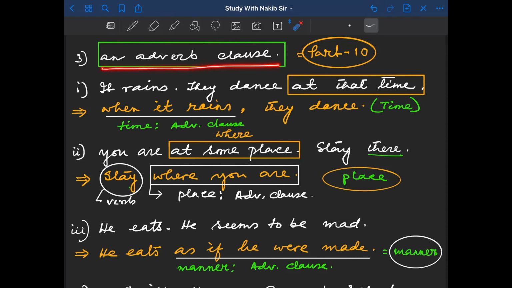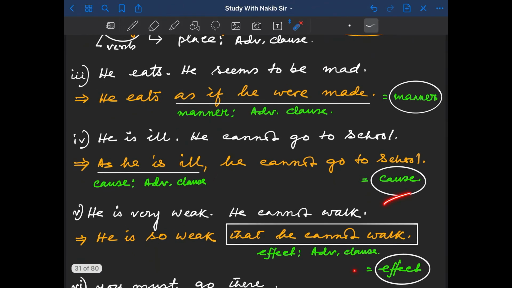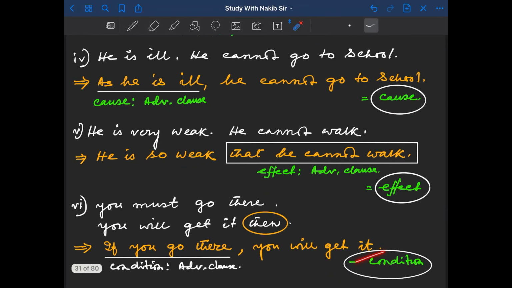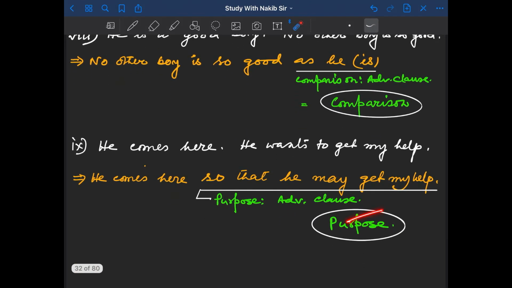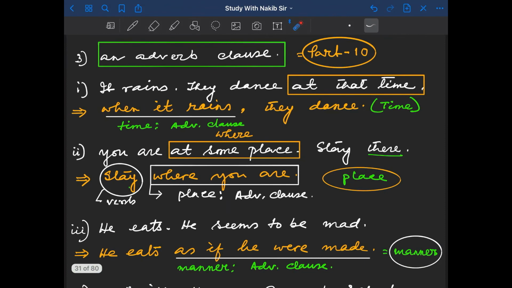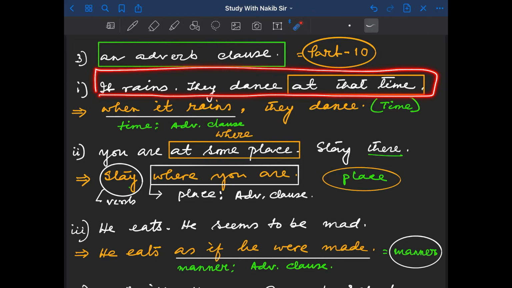You know, an adverb clause is used in a sentence to indicate time, place, manner, cause, effect, condition, concession, comparison, and purpose in 9 ways. So we'll see how an adverb clause is used to express all these things, to join two or more sentences into a complex sentence.